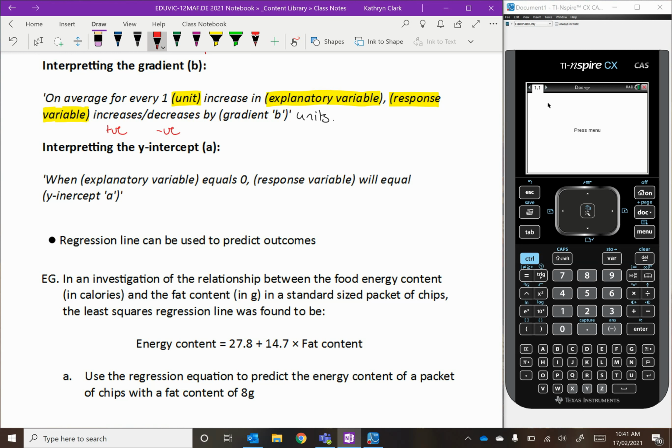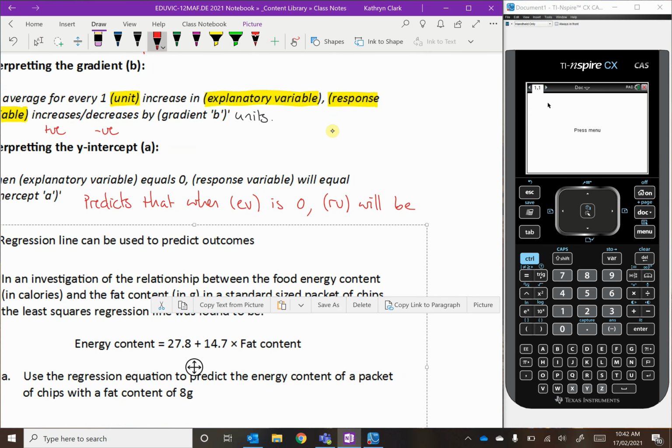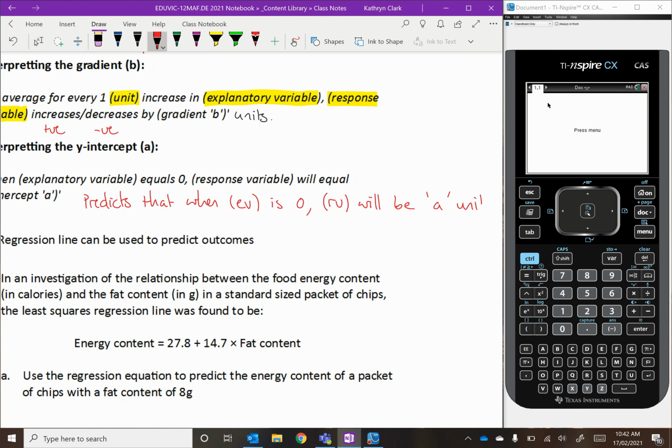We can also say that it predicts that when the explanatory variable is 0, RV will be A units.